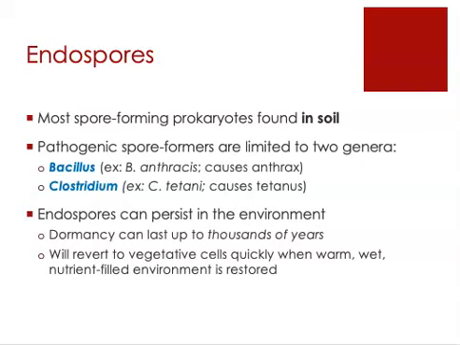The human body is very warm and nice and wet, and it's loaded with nutrients, and those spores will germinate and go back to become vegetative cells and cause disease. So we have to be very careful when we are sterilizing medical equipment that we do it correctly to make sure that we destroy any pathogenic spores that might be on that equipment.